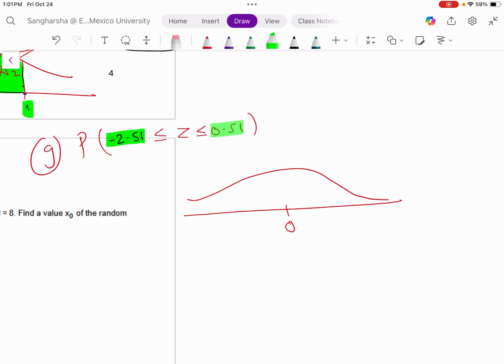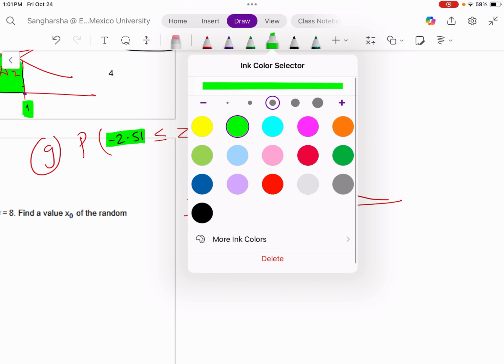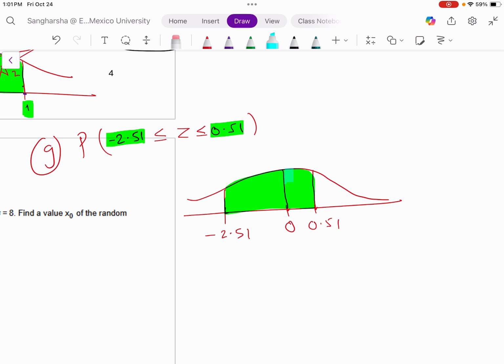Locate these two numbers. Let's say this is -2.51, 0.51 is here, and we are interested in finding the area of this green region. Let's call this area A1, this is area A2.